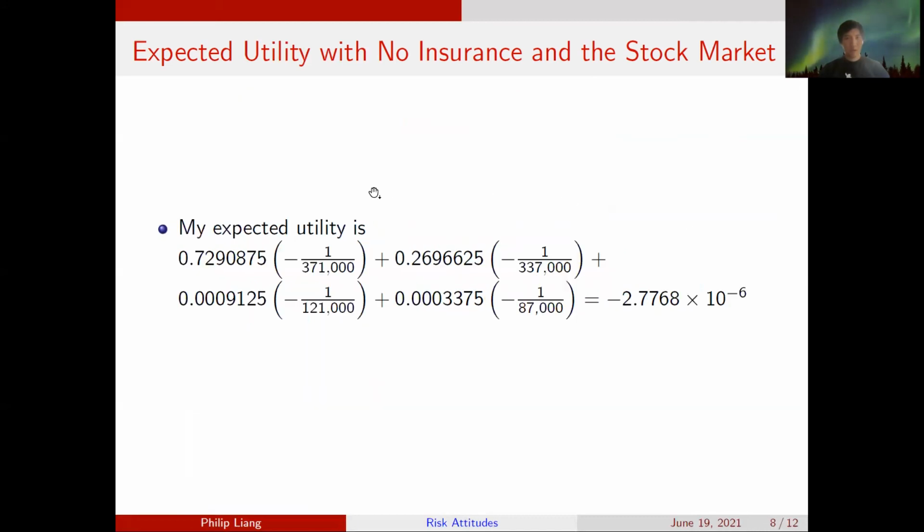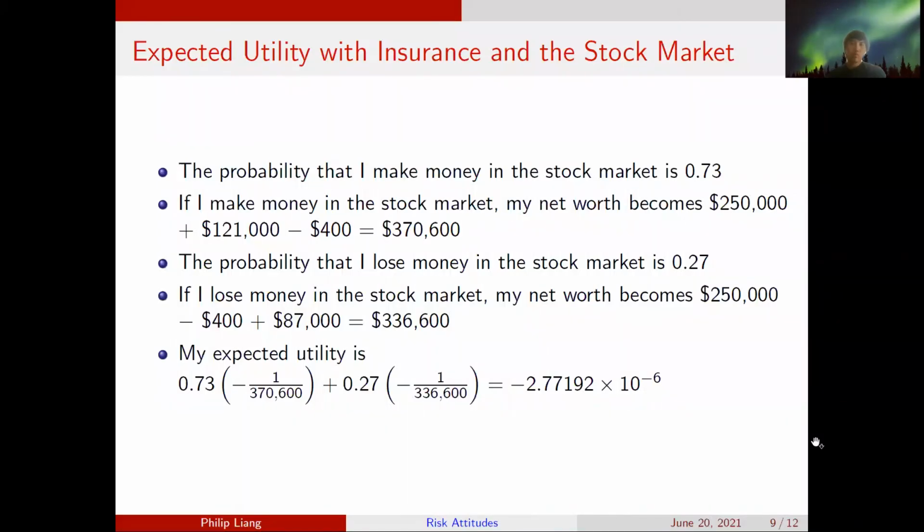Now, taking the expected value of my utility function is going to get me minus 2.7768 times 10 to the minus 6. Let's next consider the case where I buy insurance and also invest in the stock market. So the probability that I make money in the stock market is 0.73. And if I make money in the stock market, I have my house plus my brokerage account minus my insurance premium, which comes out to $370,600.